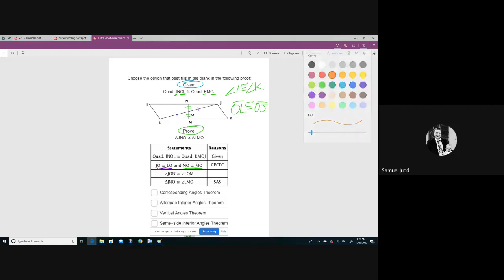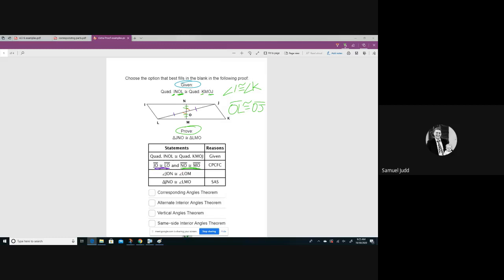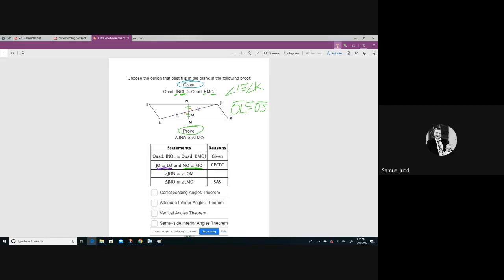And then we go off and we say, hey, JON, where's JON? JON's right here. And we say, hey, that is congruent to LOM. Hopefully you're noticing here that we have two lines crossing, this line right here and this line right here, which means we have vertical angles.